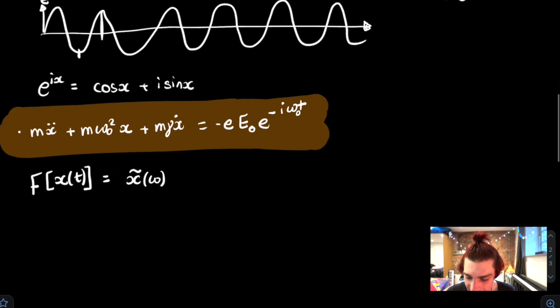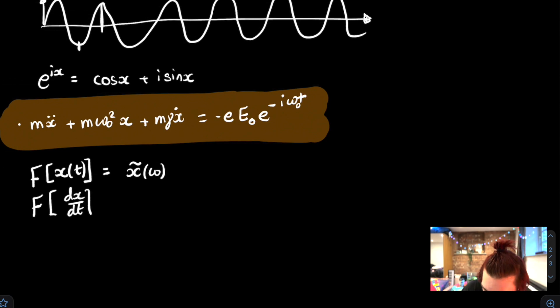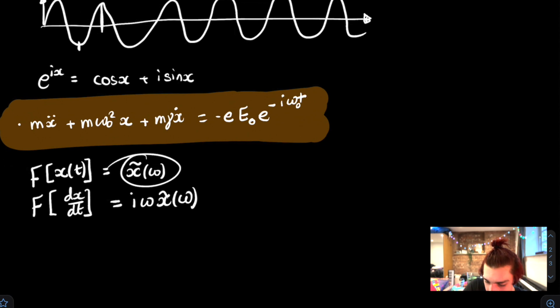So that's what happens when I Fourier transform just a function of time. I get this inverse function of frequency. But the thing that's really useful is if I Fourier transform the derivative of x with respect to time, I actually get, when I do all the mathematical calculations, and you can prove this, i times omega times the Fourier transform, just the normal Fourier transform of x right here.